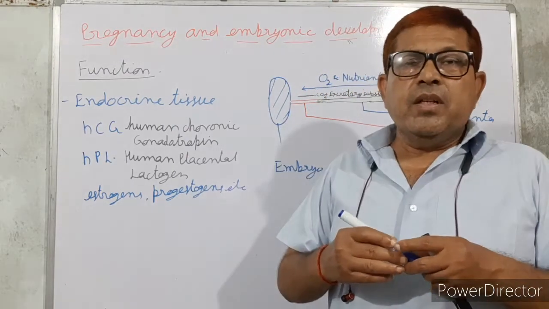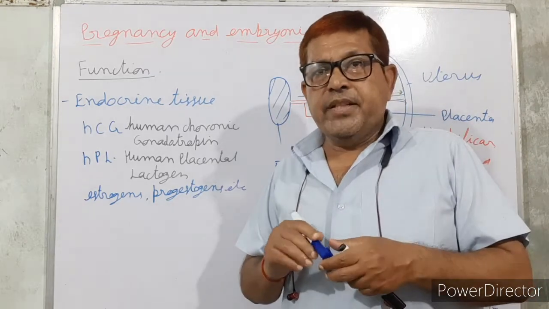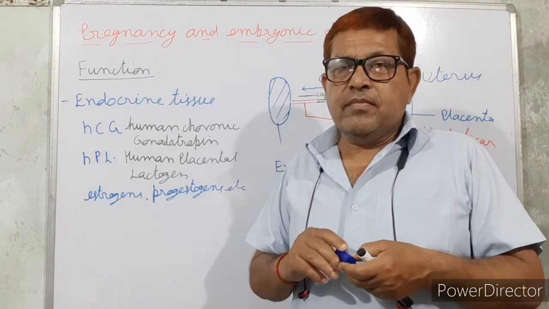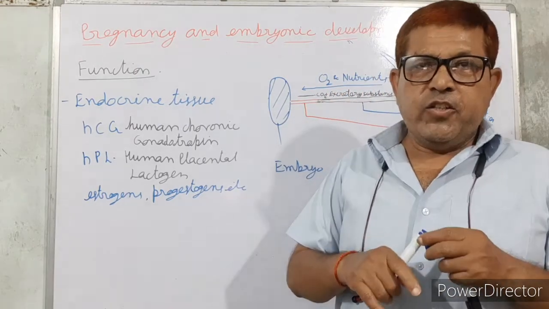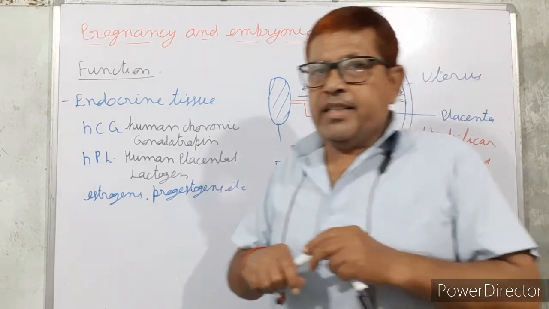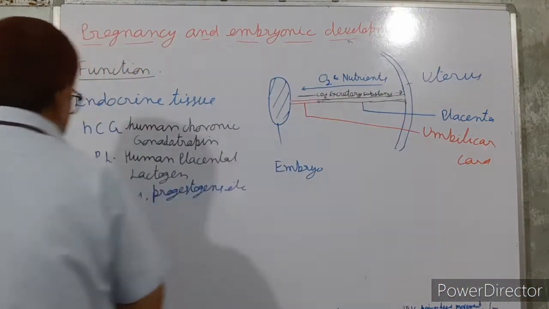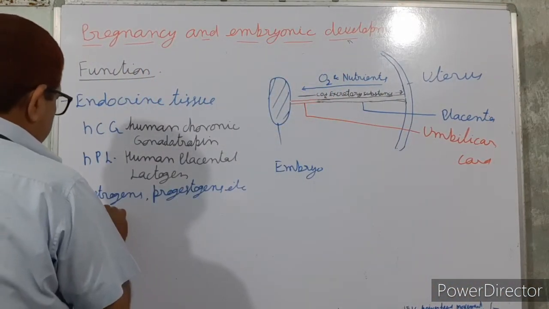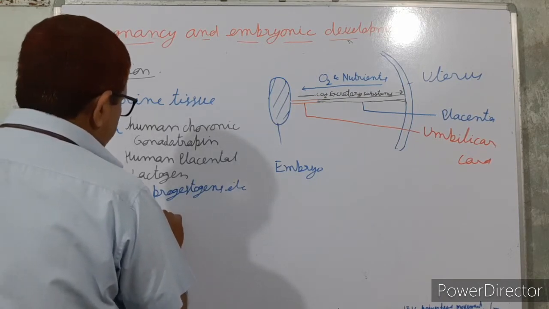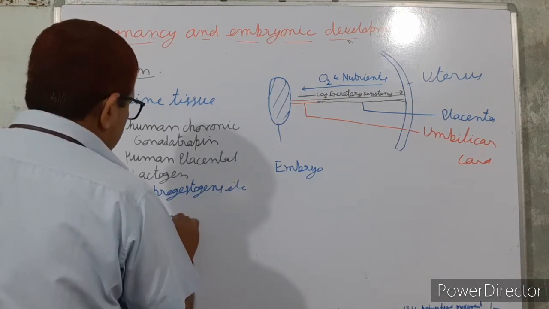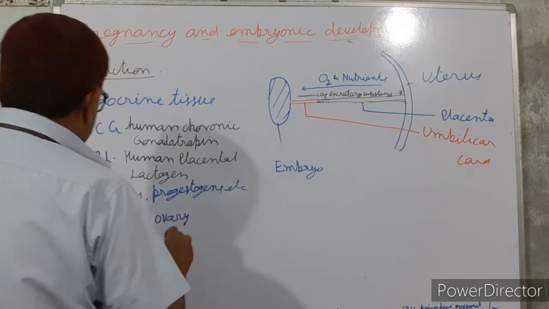Another hormone is released by ovary, called relaxin. This hormone, relaxin, is released by ovary.